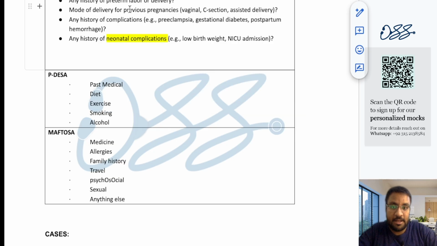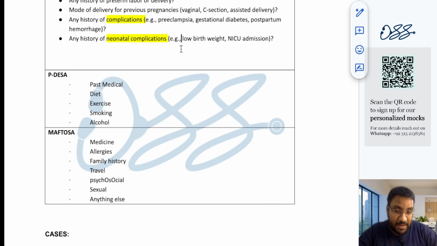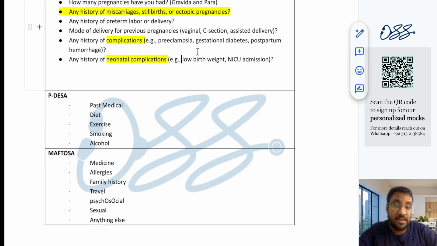For example, by any chance did your child get admitted to the ICU after being born? By any chance did your child have a very low birth weight? So you've got to make sure that you are covering these aspects when you're talking about the previous pregnancies.